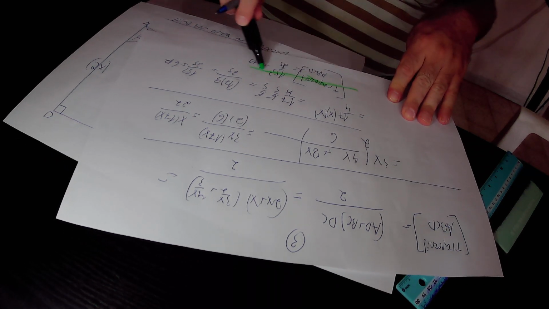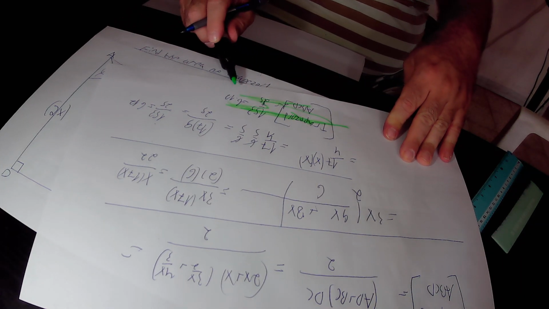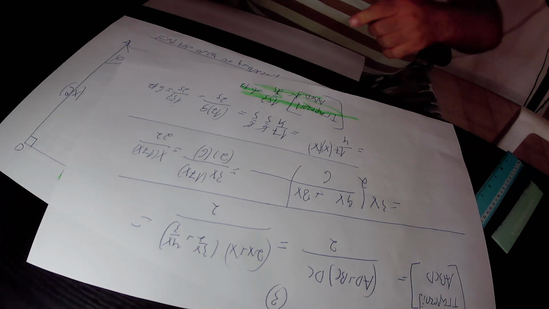It is again the area of trapezoid ABCD equals either 153 over 25 square units, or in terms of numbers, 6.12 square units.